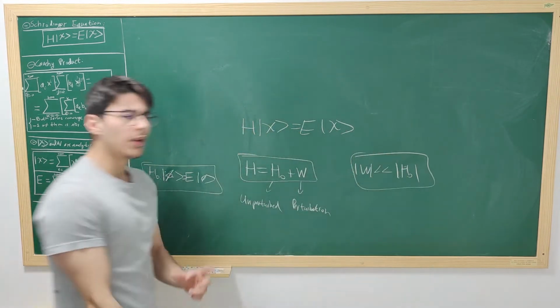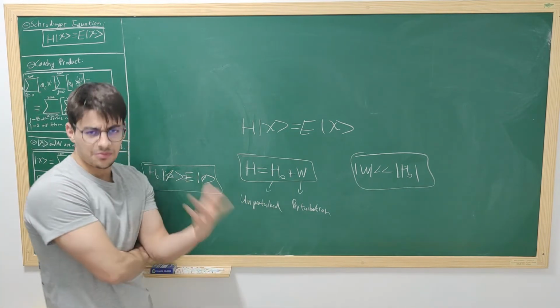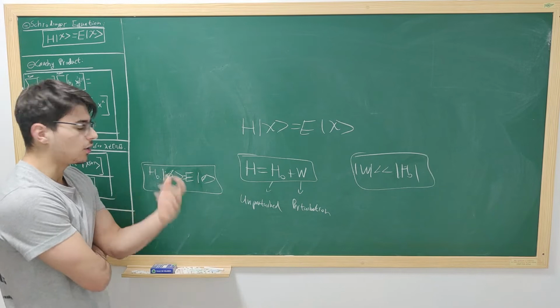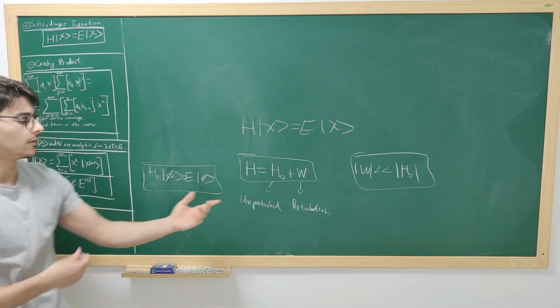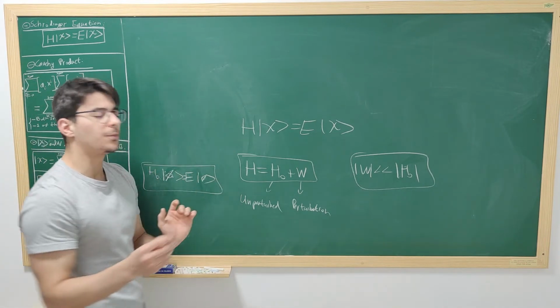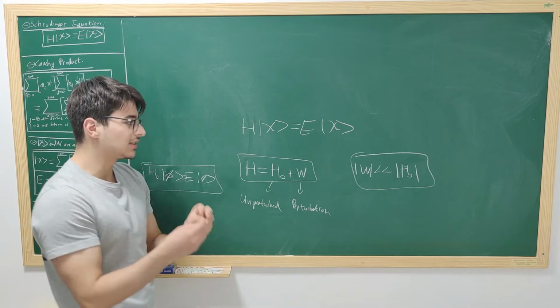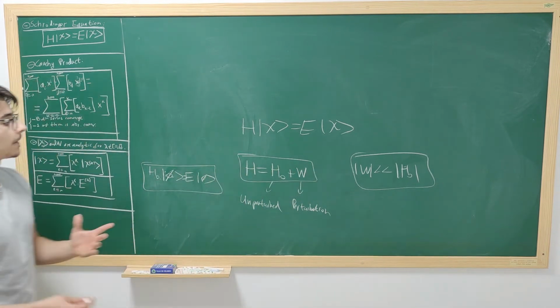So we're assuming that we have a system that we know a lot of properties about because we can solve its eigenstate equation, and we introduce some perturbation W, which is quite small compared to our original energies.